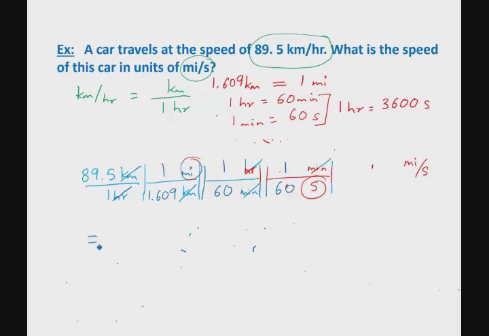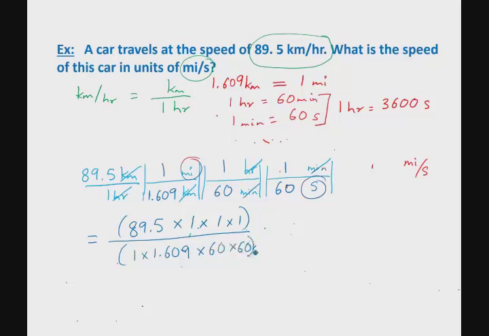When you are calculating this, once again, use parentheses very carefully. If you're using a graphic calculator, all the numbers on the numerator get multiplied by each other and get divided by the product of all the numbers in the denominator. And the units at this time are miles per second.